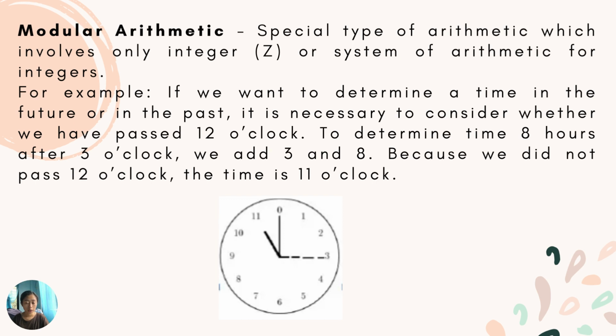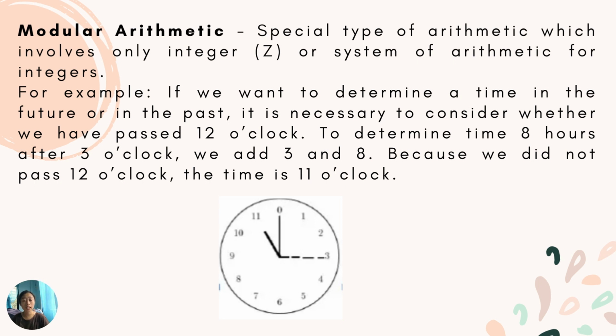So, modular arithmetic is a special type of arithmetic which involves only integers, or Z, a system of arithmetic for integers. So, if we are going to work on integers, we are going to wrap around after reaching a certain value called the modulus.